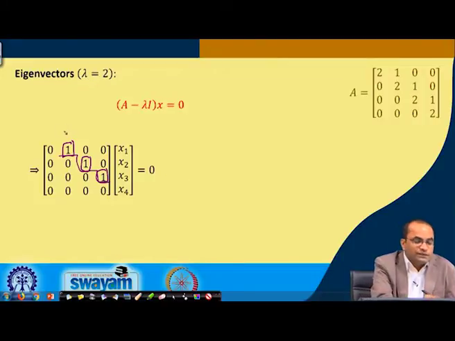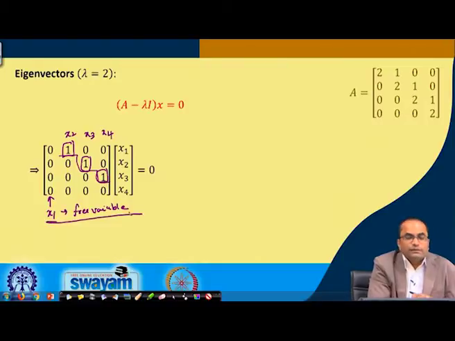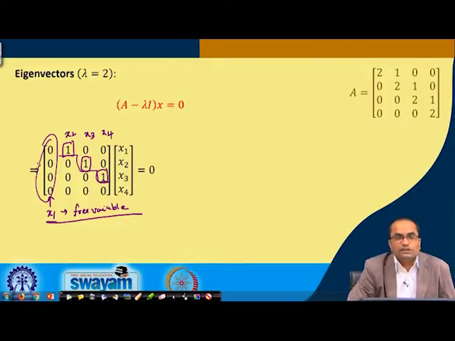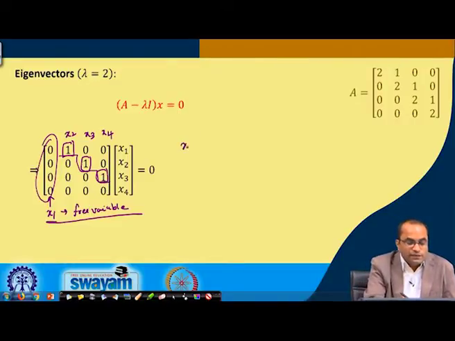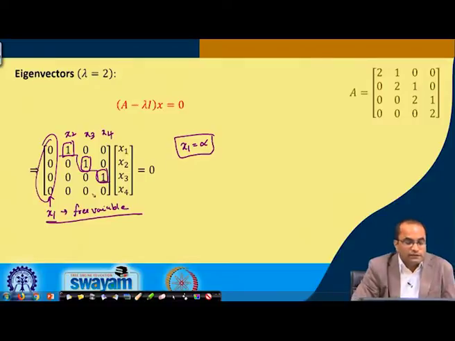So, how many pivot elements are there? x 2 is a dependent variable, x 3 will be a dependent variable, x 4 will be a dependent variable, and here we have x 1, which we call the free variable. Our free variable is x 1, corresponding to column number 1, because we do not have a pivot in this column. So, we can choose x 1 as a free variable.